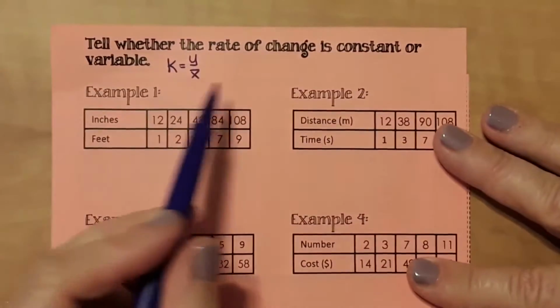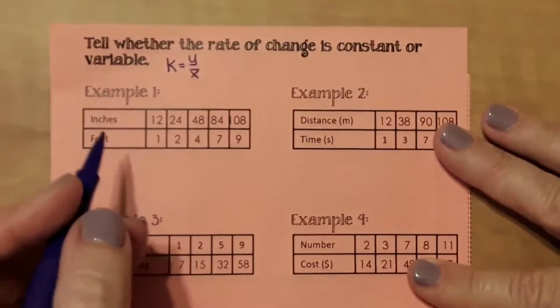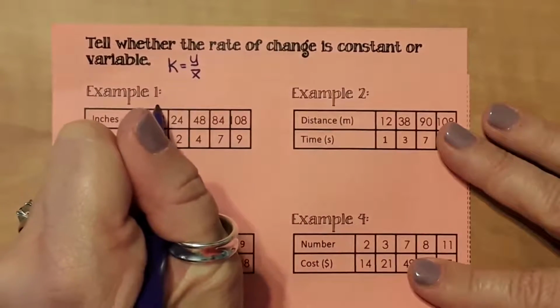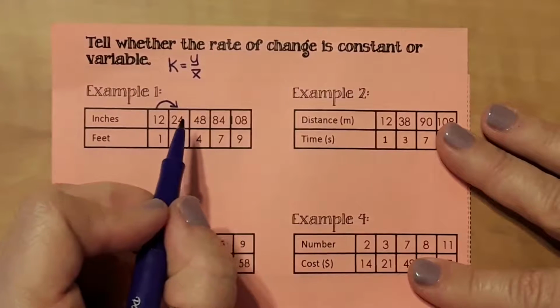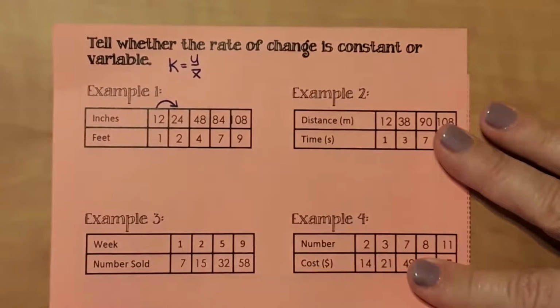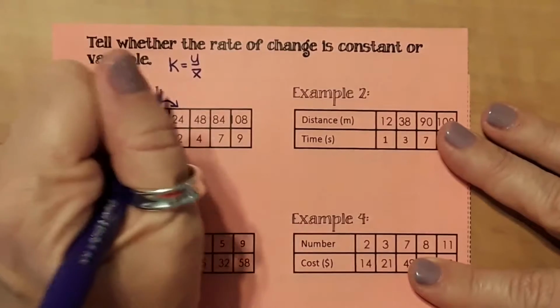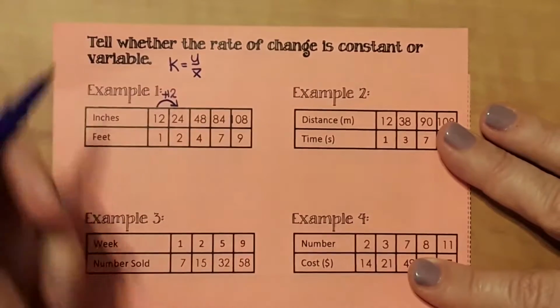In order for us to do this with rate of change, we're going to see how much each number goes up or down. When we look at this first one, for example, 1 for our inches, is it going up or down from 12 to 24? It is going up by a positive 12.